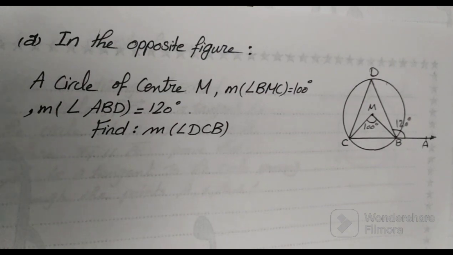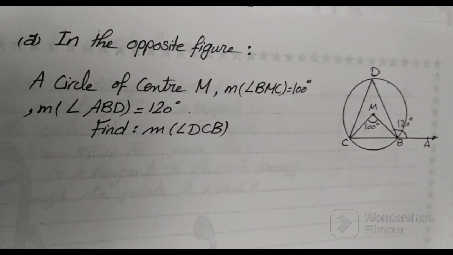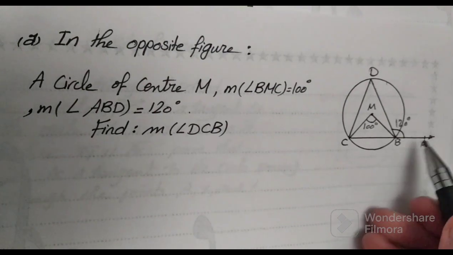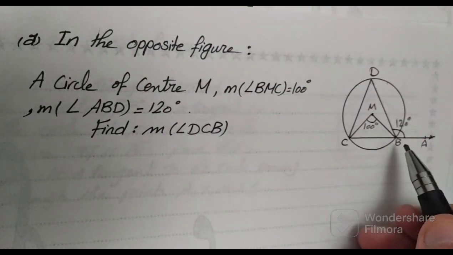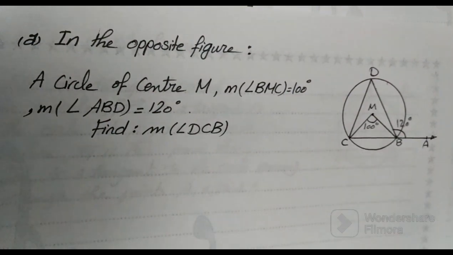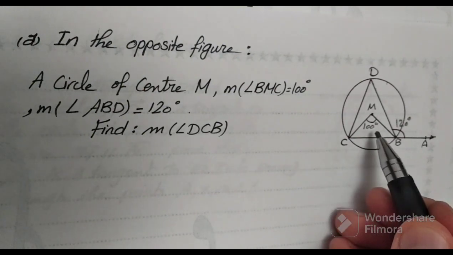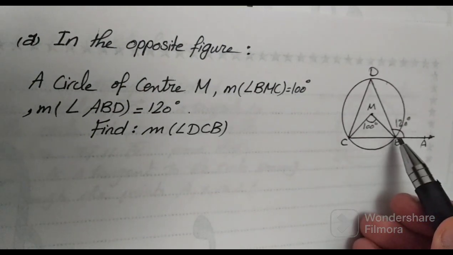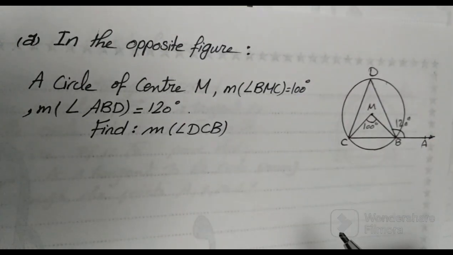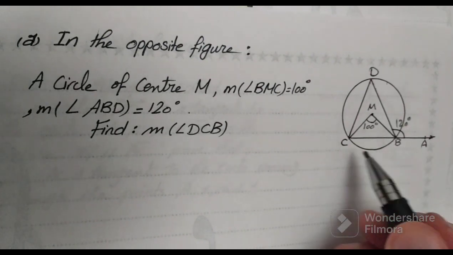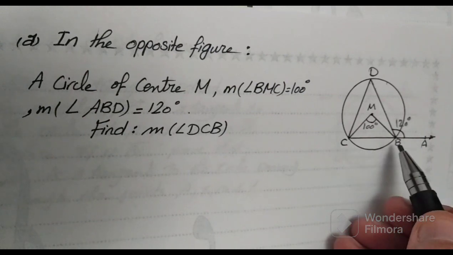Question 3a. In the opposite figure, a circle of center M, the measure of angle BMC equals 100, the measure of angle ABD equals 120. Find the measure of angle DCB. The measure of angle BMC is a central angle and angle BDC is an inscribed angle subtended by the same arc.